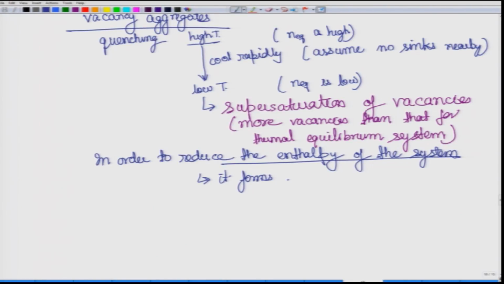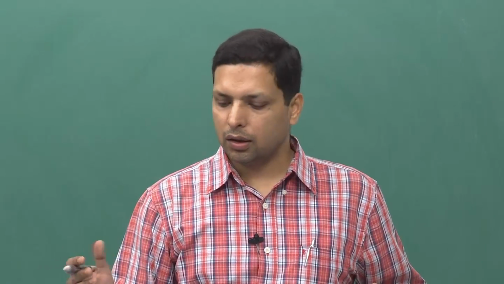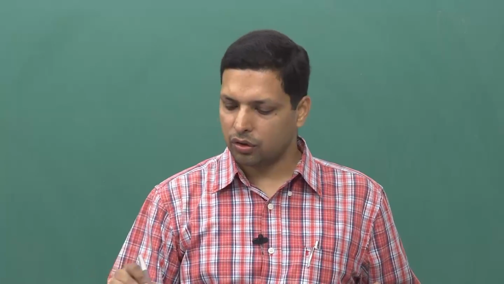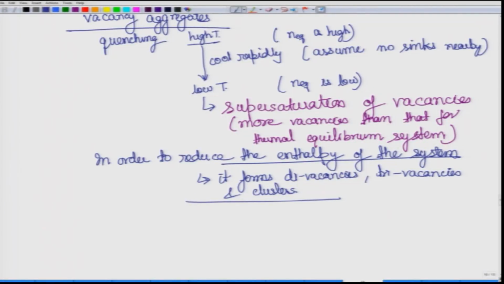You guessed it right, it forms di vacancies, tri vacancies and clusters. When you have di vacancies and tri vacancies, as I showed you earlier, when they come together they have lower energy than independent vacancies, and therefore the energy of the system gets reduced. So, that way the system will be able to reduce the enthalpy or the overall energy of the system.